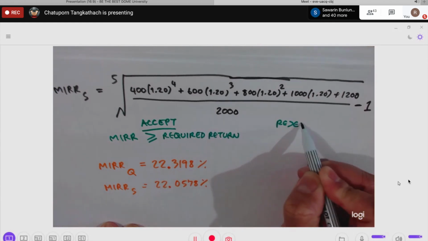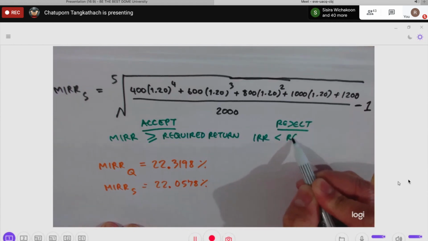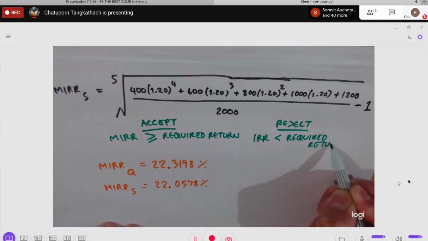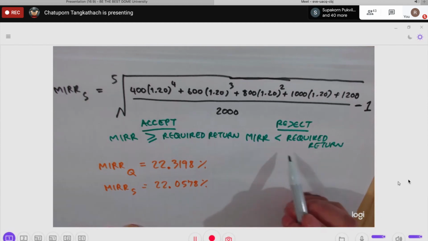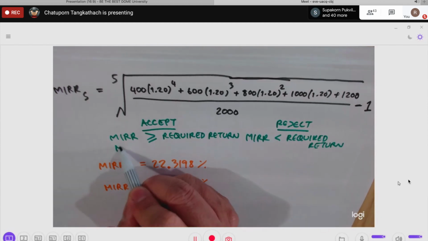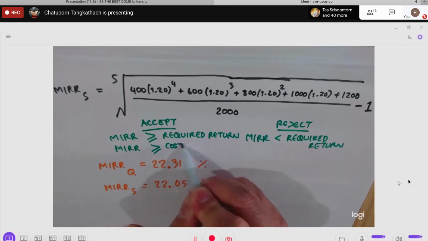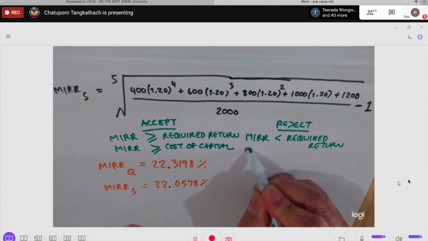And we are going to reject when our MIRR is less than our required return. Not only required return, later on you are going to know that the required return is equivalent to what we call cost of capital. So please put cost of capital side by side.